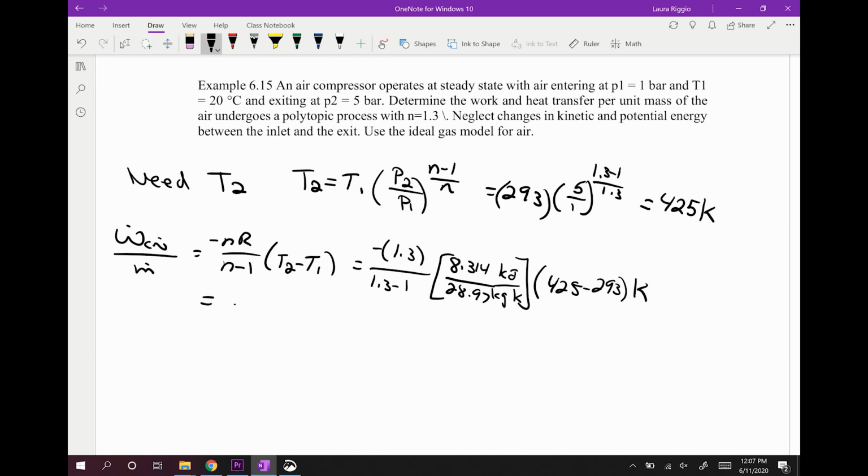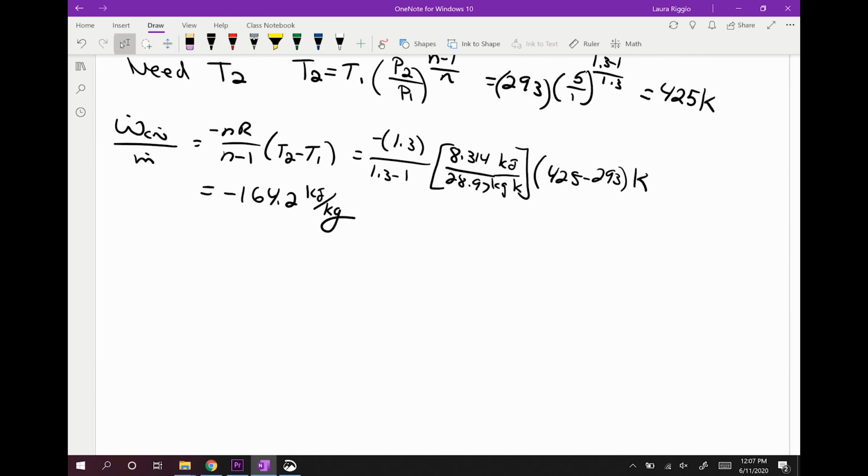Our work is minus 164.2 kilojoules per kilogram. For our heat transfer, we're going to do our energy balance.